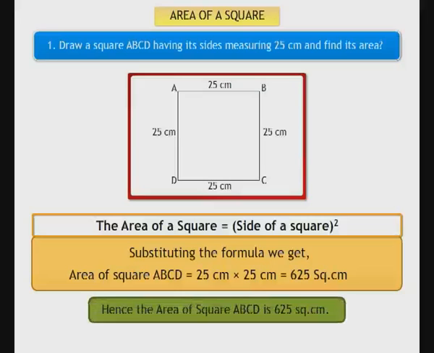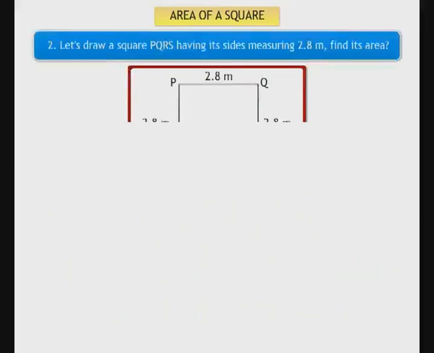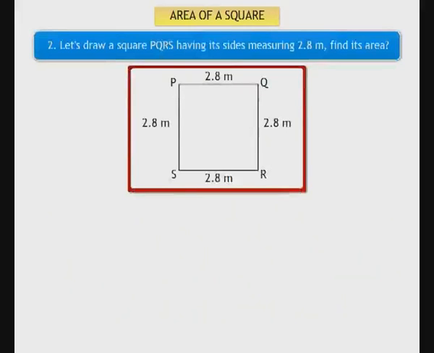Multiplying 28 into 28 and adding a decimal point before 2 places from units, we get 7.84 square meter, which is the area of the square. Therefore, the area of square PQRS is 7.84 square meter.